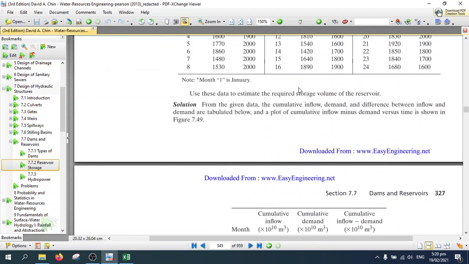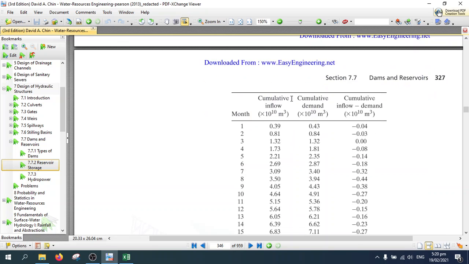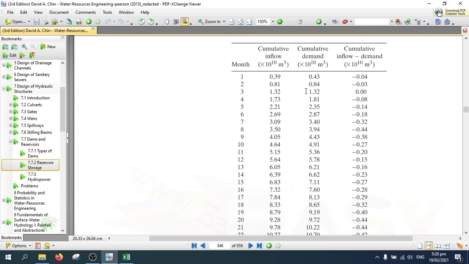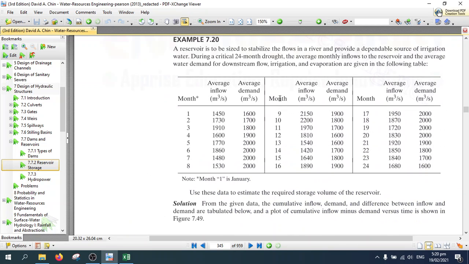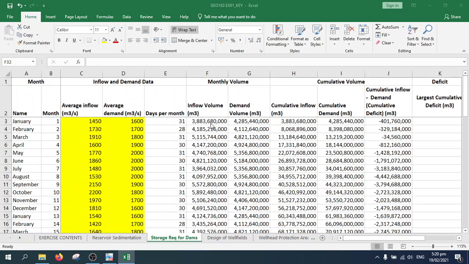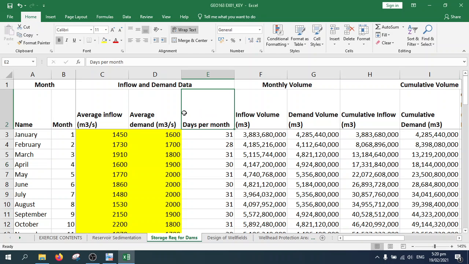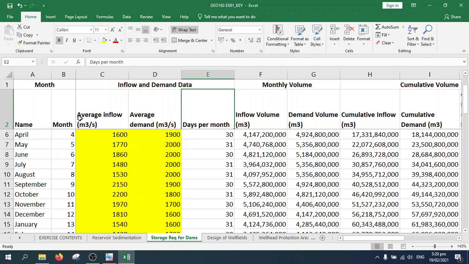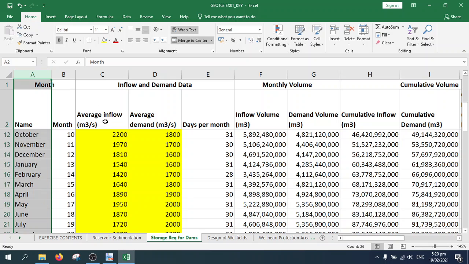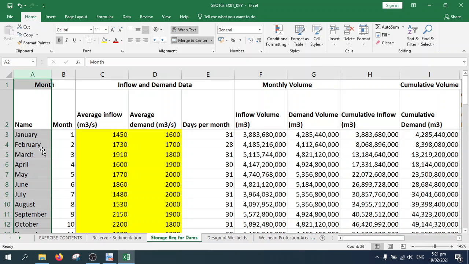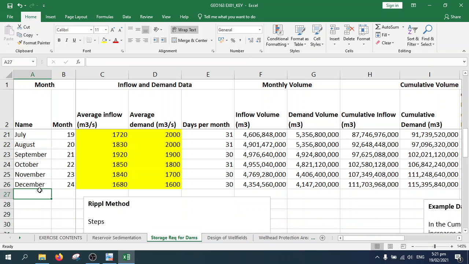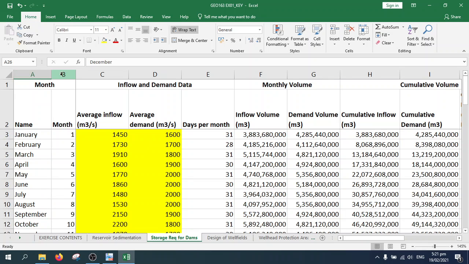All right, so I'll just show a step-by-step solution here again. So let's go back again to the Excel solution. My first column here is the months, starting from January until December of the next year.